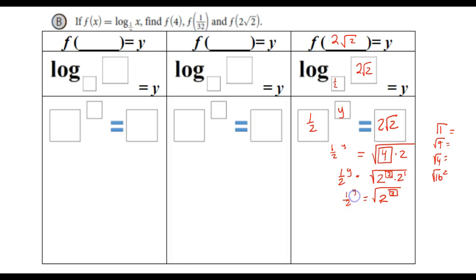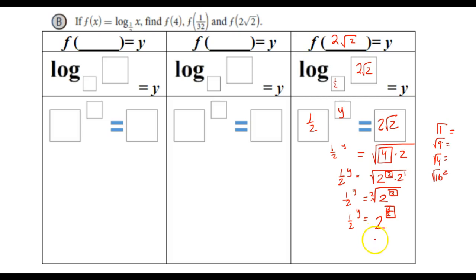Now I know you're probably thinking, when are we going to get to the 1/2 part? Well, we can write this as a fractional exponent. And that would be 3 over 2, because that's our outside radical number. Square root for a reason, right?